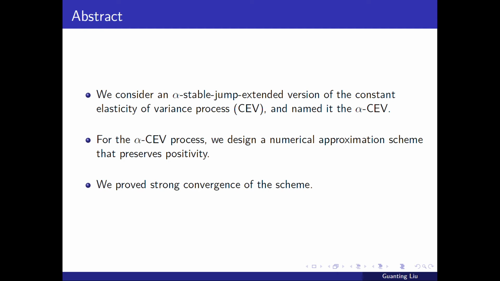And following convention, we name it the alpha CEV process. For this alpha CEV process, we designed a numerical approximation scheme which also preserves positivity, and at the end we proved strong convergence of the scheme.